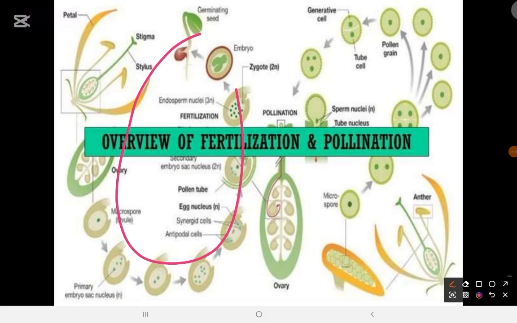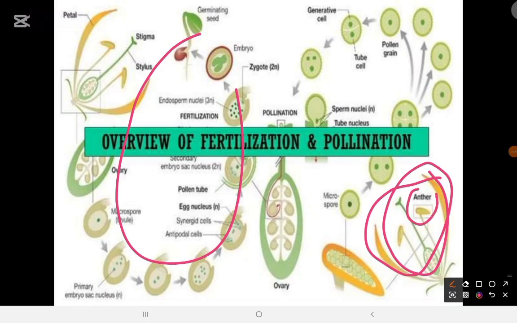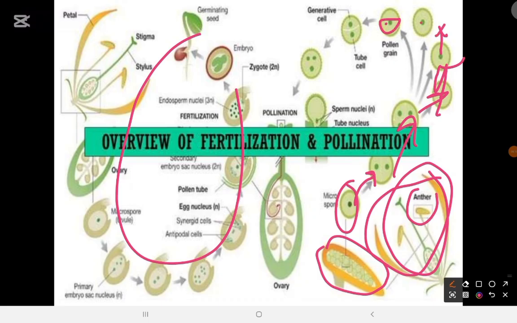Then for this next case here, you're going to see the male reproductive part. Basically, the anther has pollen grains, and the pollen grains consist of microspores. The microspores divide meiotically into cells, right? These cells are the cells that we call the pollen grains, with their nucleus at the center.